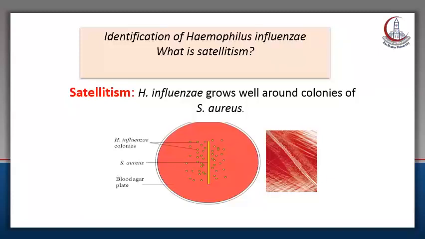This is done by inoculation of Staphylococcus aureus on the blood agar in the middle, as we are seeing in the left picture. And then, when you inoculate this specimen on the plate, if it contains Haemophilus influenzae, the colonies of Haemophilus influenzae will grow around the Staph aureus better, as we see the circles around the middle line.